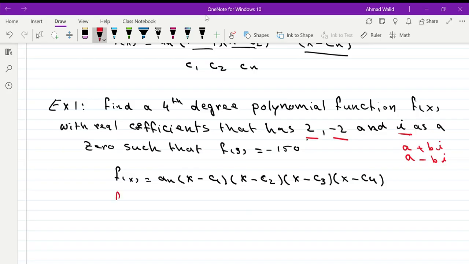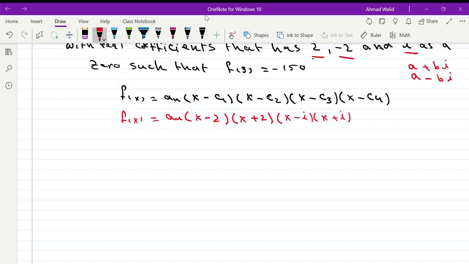Now I can say f of x equals a sub n times (x minus c1). c1 is 2, times x minus minus 2, which gives you x plus 2, times (x minus i) times (x plus i). Let's simplify a little bit, right? Then f of x equals a sub n, because I don't know how much a sub n is, the leading coefficient. Look at here. (x minus 2) times (x plus 2).